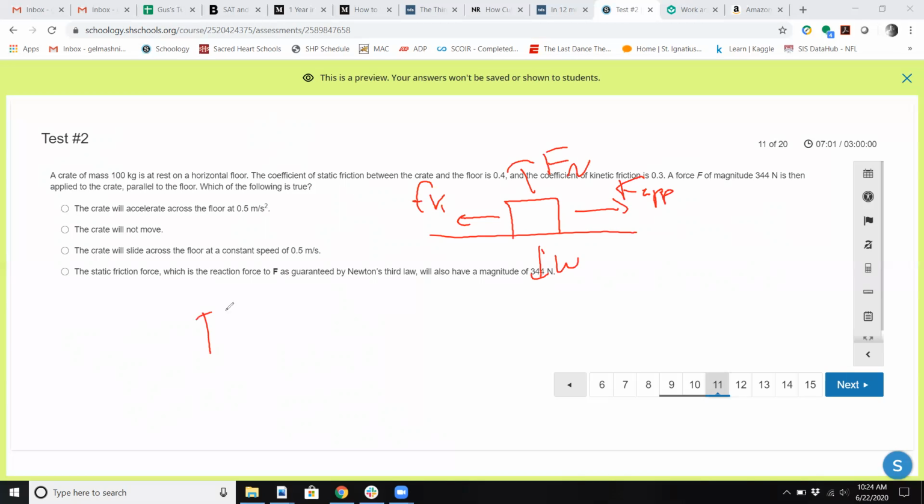Now remember, our F net is going to be F applied minus F kinetic friction. If you want it to accelerate in the positive direction, or have it move, remember, the friction force is mu K times my normal force.